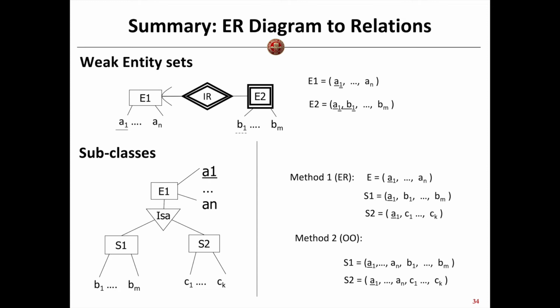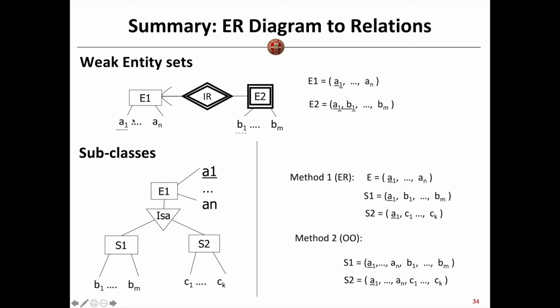So for the weak entity set, we mentioned, right? If we do the translation of the diagram like this, we have E1, a regular entity. We translate it according to the entities we showed before, right? E1 as a relation, A1 to AN as attributes, A1 is a key. And for E2 as this relation between them, we propose to combine them together, right? Combine this relation with E2 to define E2 as this relation.